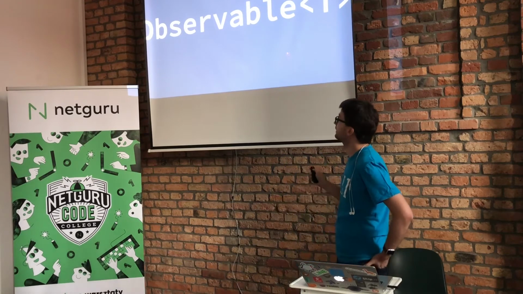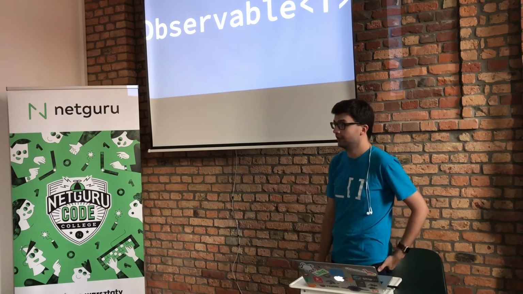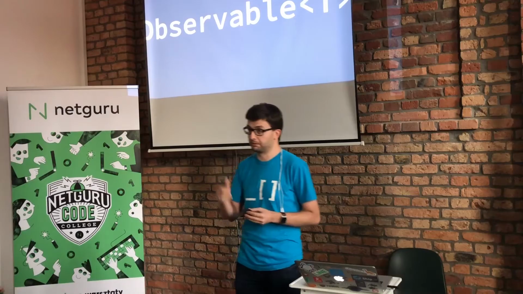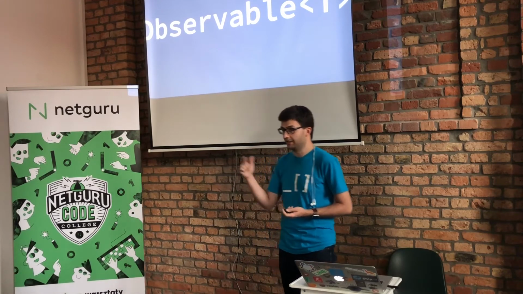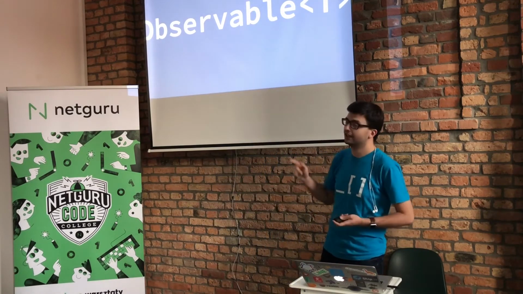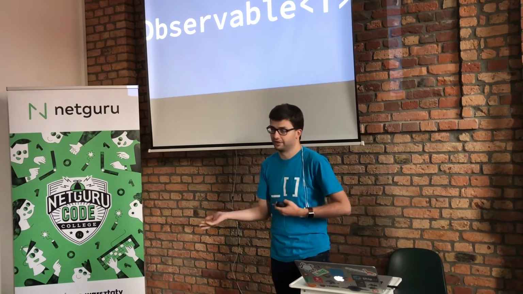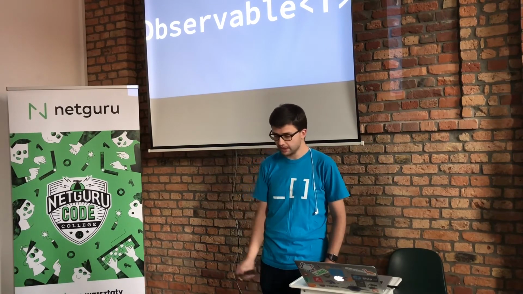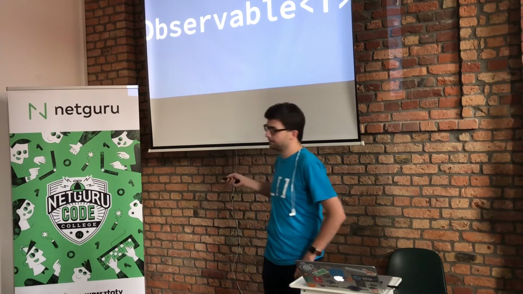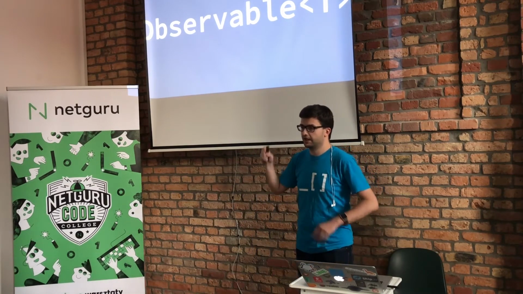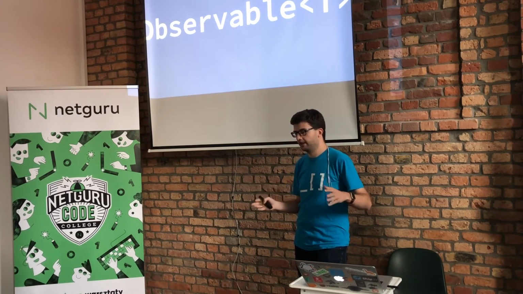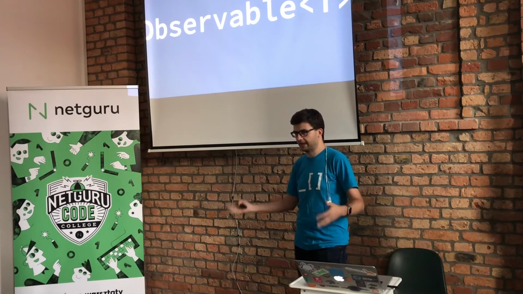This one is the one I've been using a lot. It's called observable. If you've been using RxSwift, you're very familiar with that. If you've been using ReactiveCocoa, you are familiar with that as a signal. And in ReactiveCocoa, the signal is actually generalized on both error and value. So again, there's a debate to be had. The concept is that it stores a number of values, the same as in an array, but they are distributed in time.